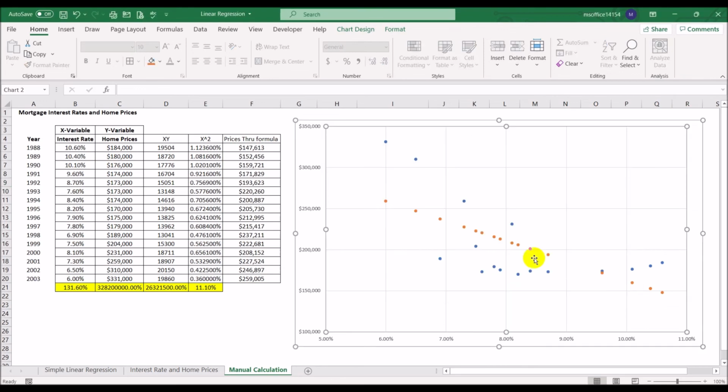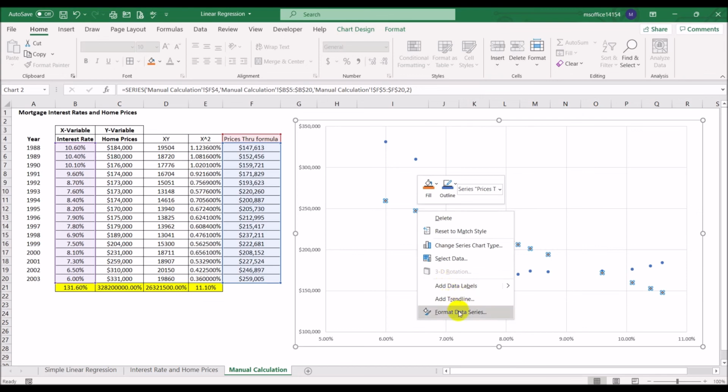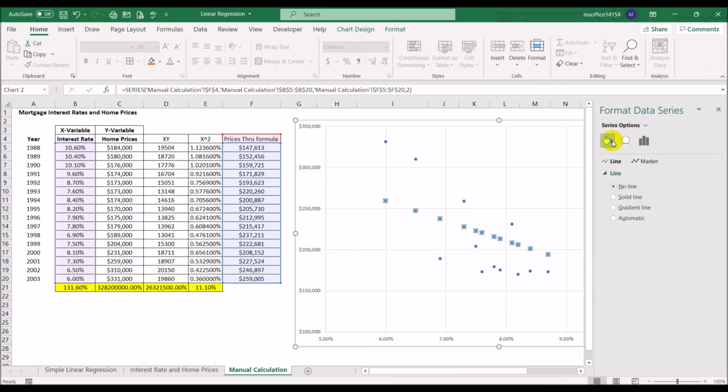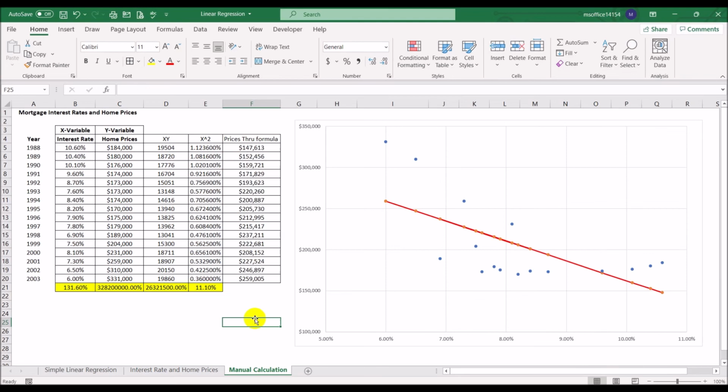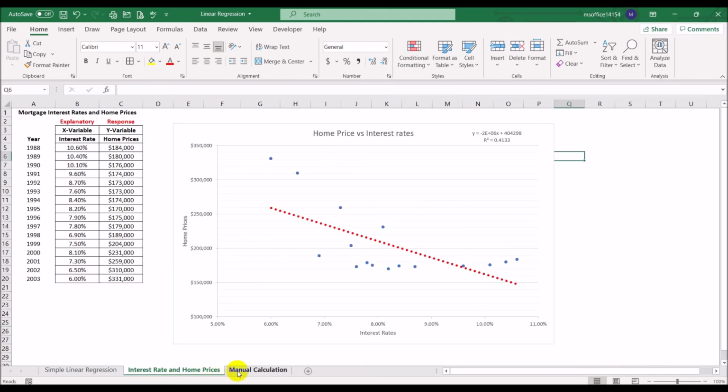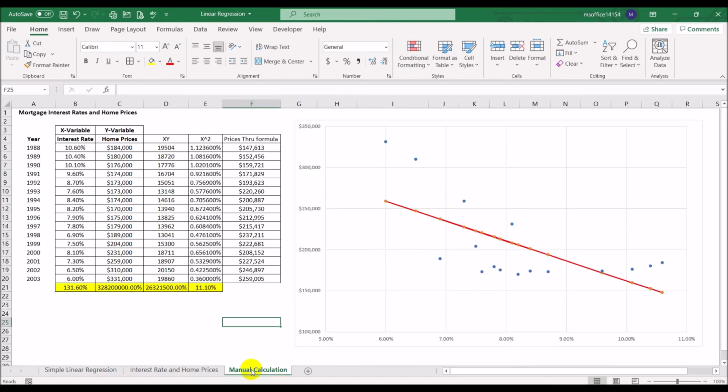Okay, so that's the dots that have been plotted for the prices through the formula. And what I will do is I'll just do a line. Now you see how this looks exactly the same as this. That's because that's what we used in the back end. That's what Excel is using to draw this trend line, and we've got the same trend line here.